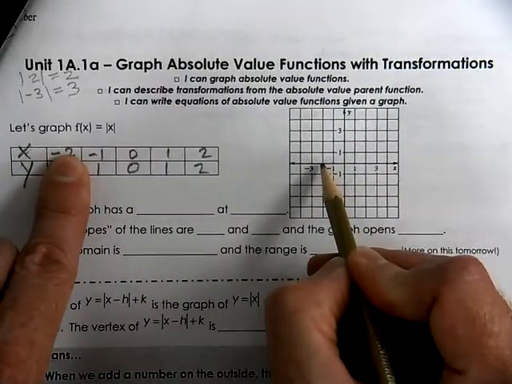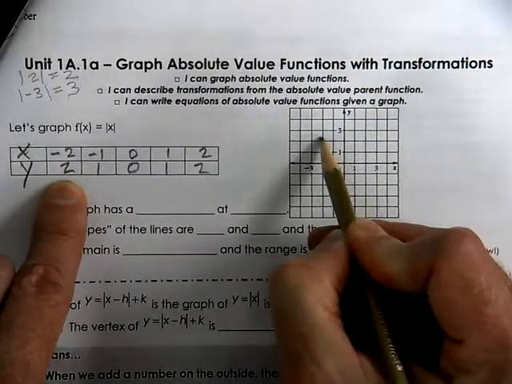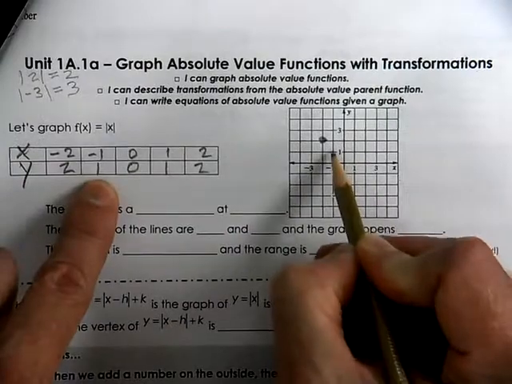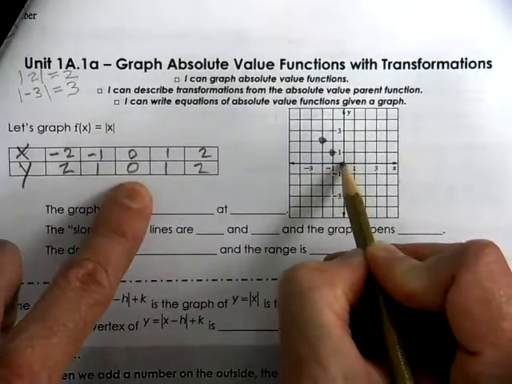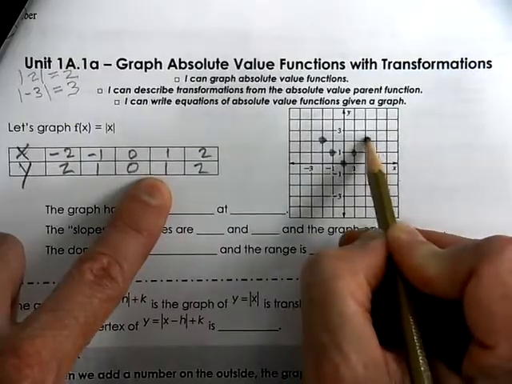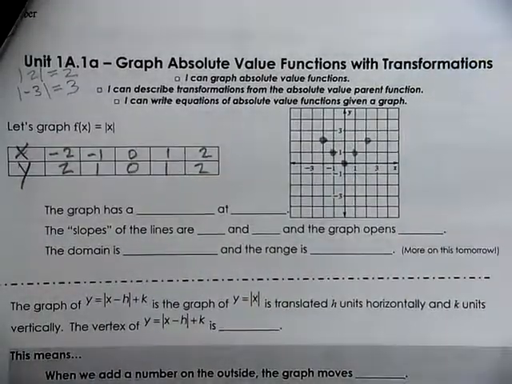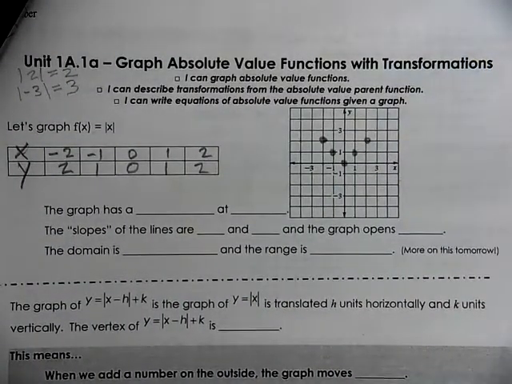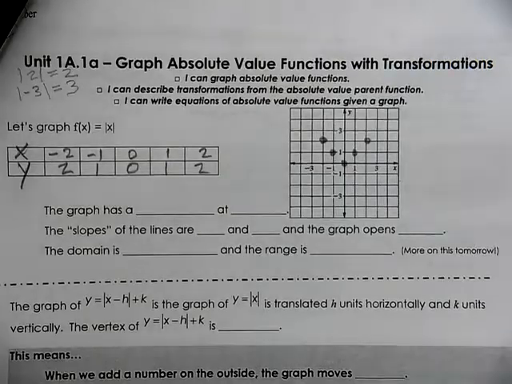So at -2, I go up 2. At -1, 1; 0, 0; 1, 1; 2, 2. What type of shape is this making? This is a V shape.